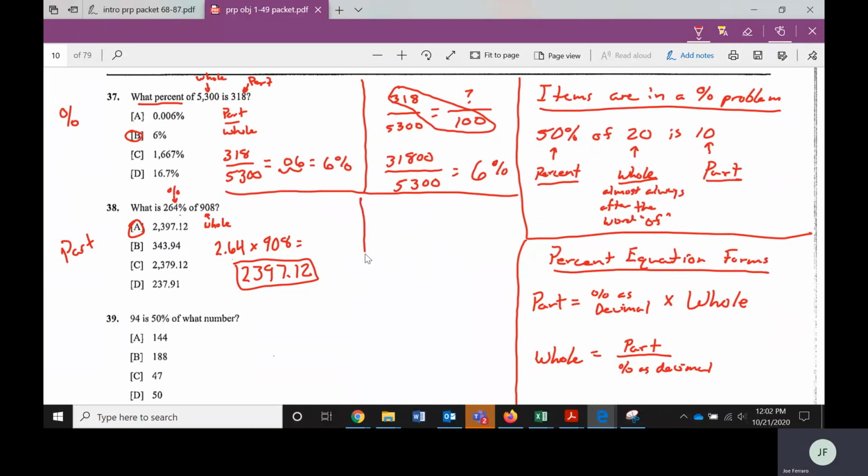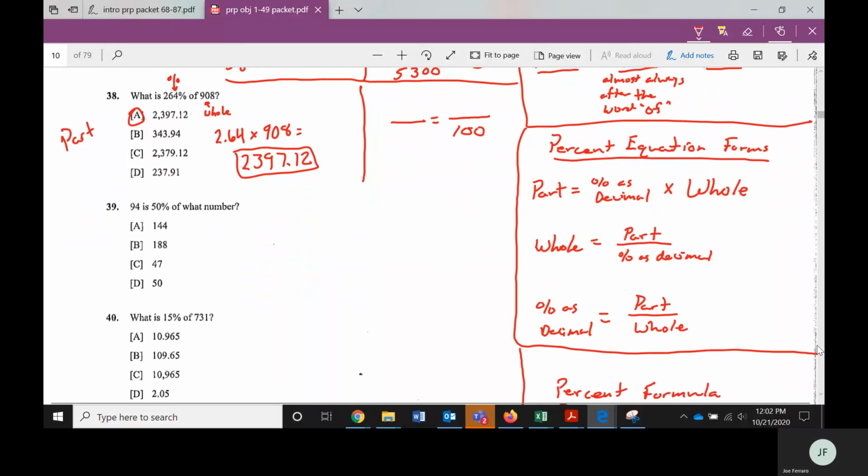The other way of doing this one, again: the nice thing about the percent formula, it's not always quicker, but it's always the same setup. You'd have these two fractions. You put the 100 here. We're looking for the part, that's the top number.